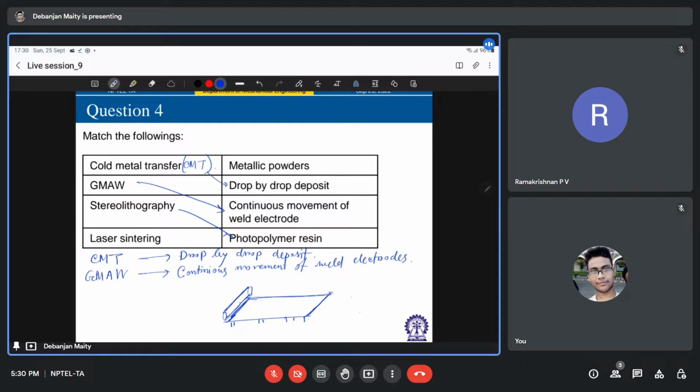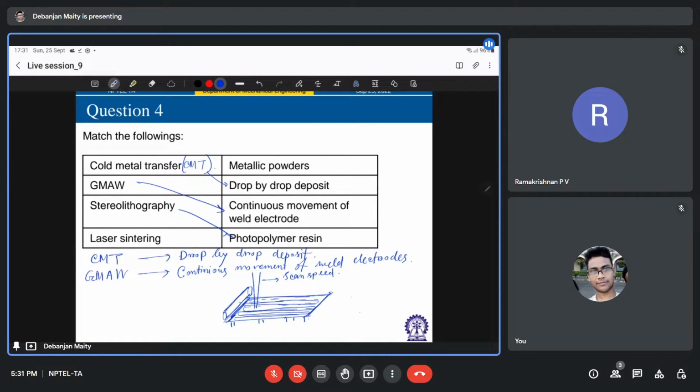So initially you spray the powders and then roll it over, and then you have a laser which is coming onto the powder bed, and it can have a scan speed of some velocity, and it scans throughout all the powder bed, and it makes one layer.